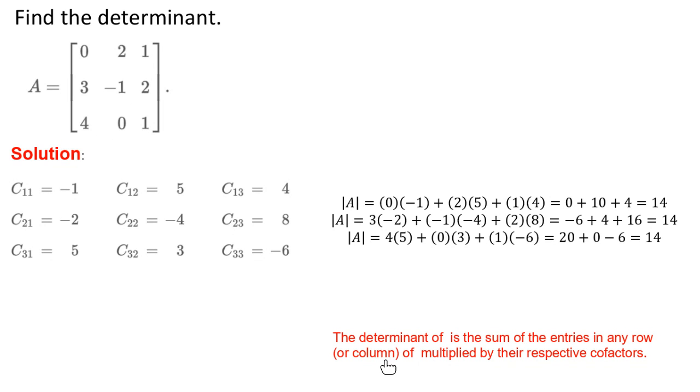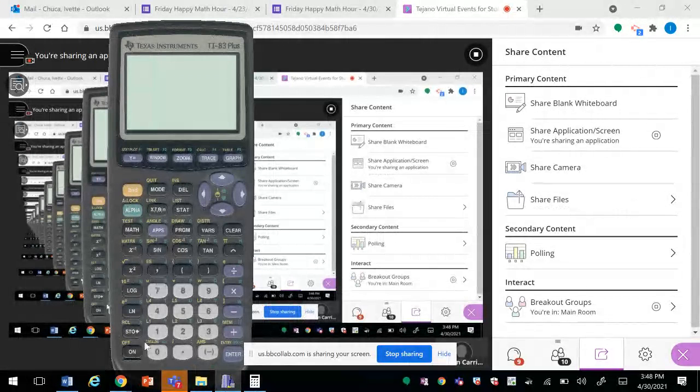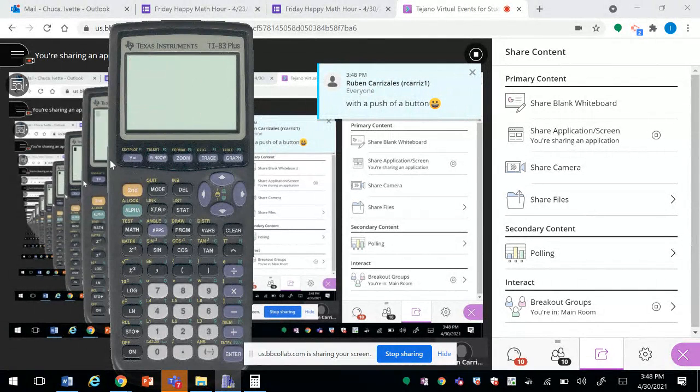Or if you're allowed to use the calculator, then in the calculator you would do it this way really quick. Let me show you. Let me clear my screen.